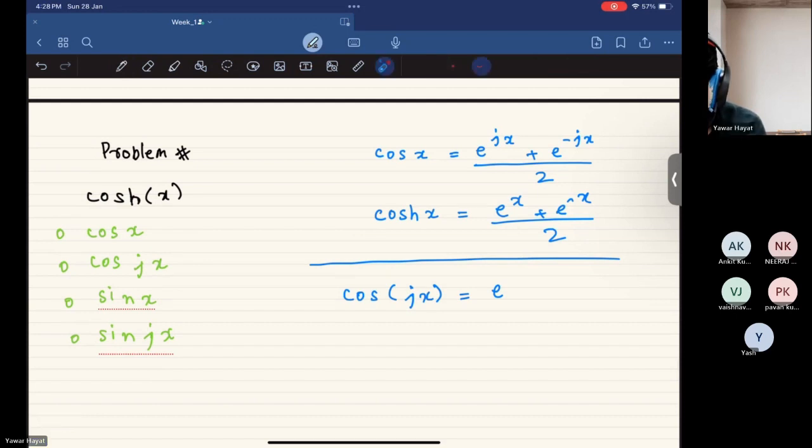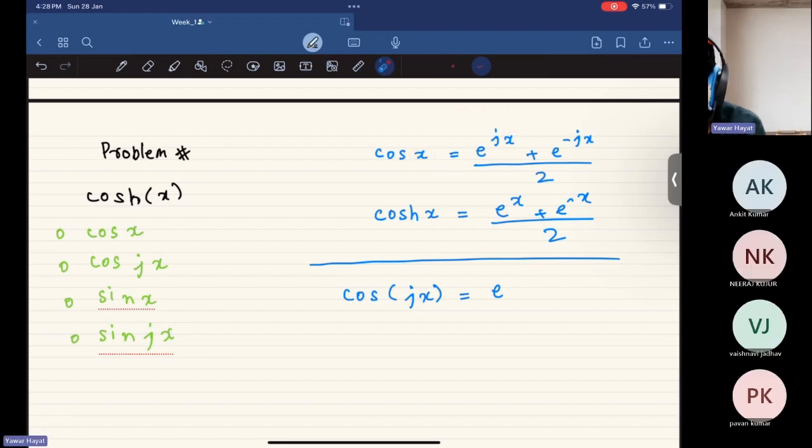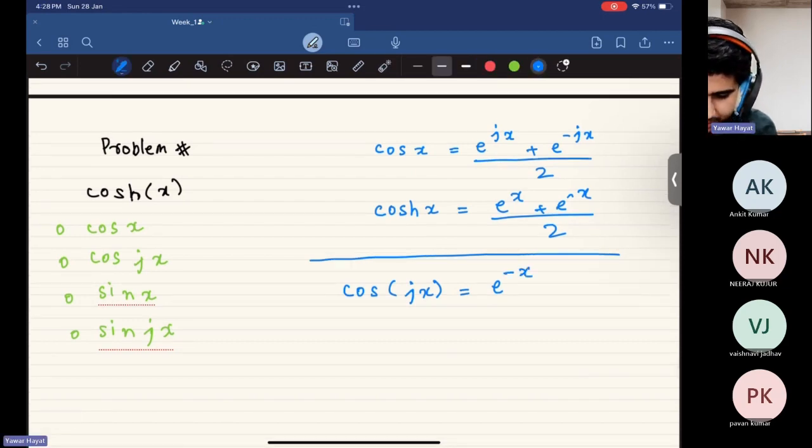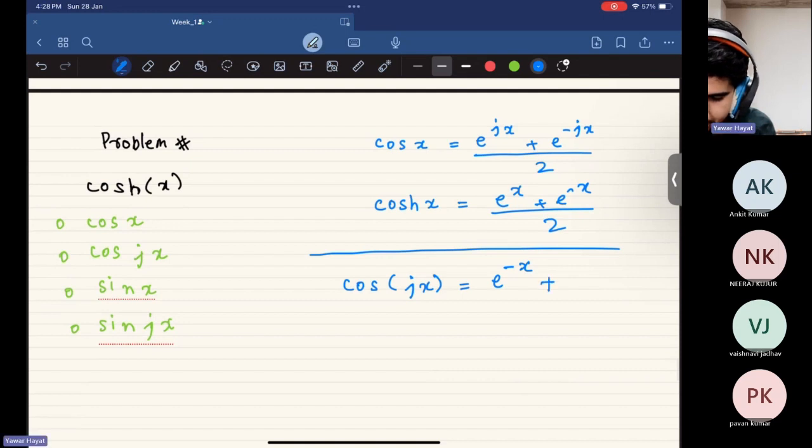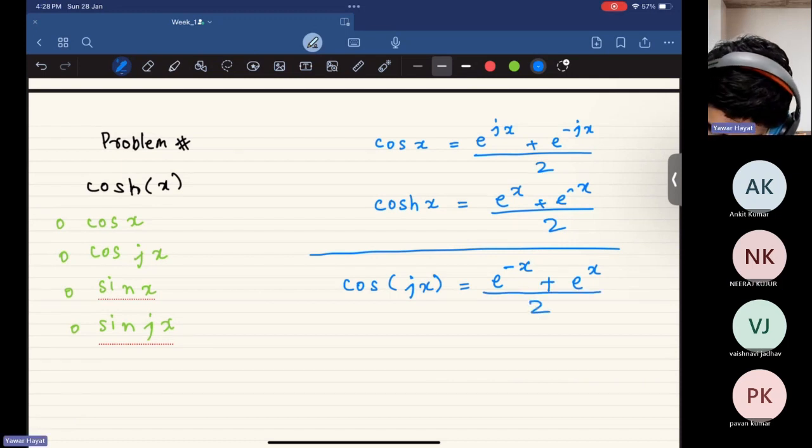If I use jx instead of x, then there would be one more j here, right? And j square is minus 1, so it would be e power minus x. That's why I'm writing e power minus x plus e power x. I hope it's clear. You can interrupt me if you have any doubt. E power minus x plus e power x divided by 2.